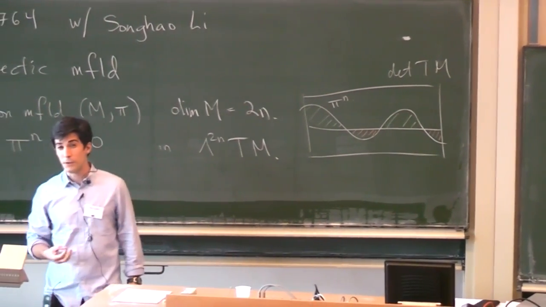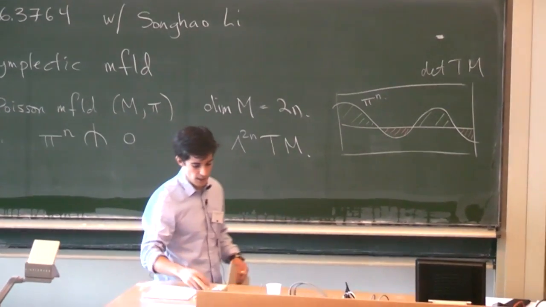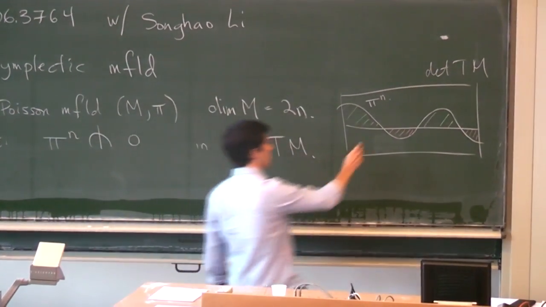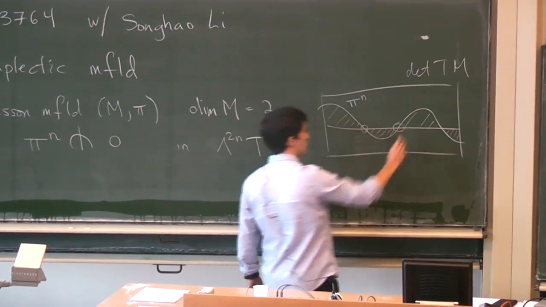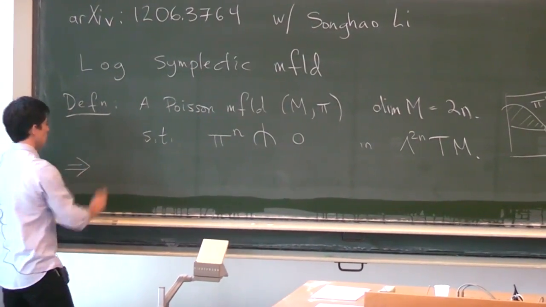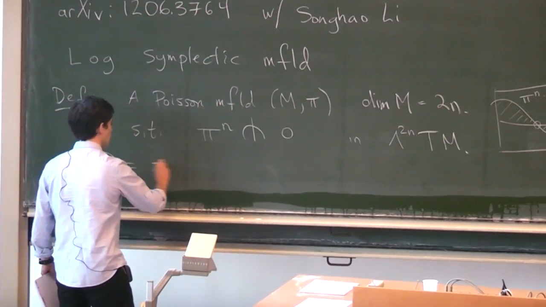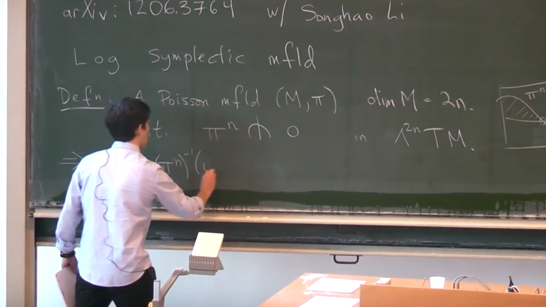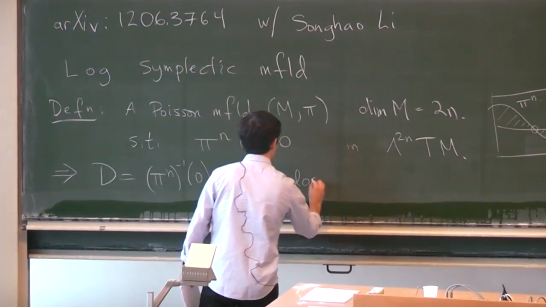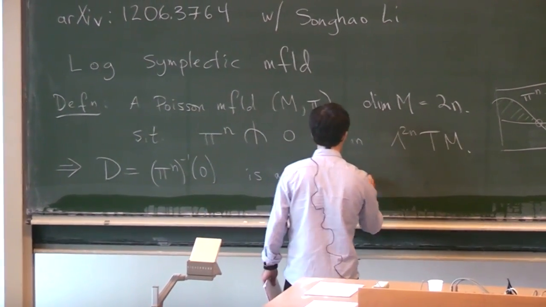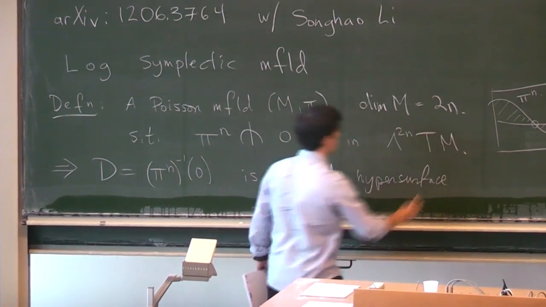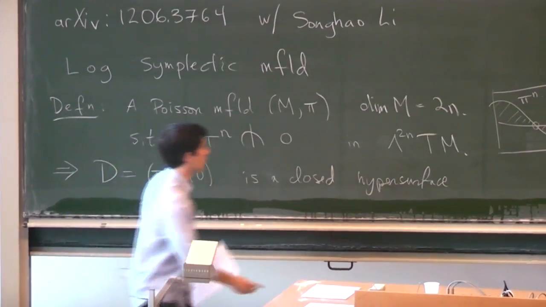Of course, the manifold need not be orientable, and in that case I don't have anything to say in terms of positive or negative. The important thing is that the way it crosses zero is in a transverse way, and so right away you see that the degeneration locus is a closed hypersurface. So it's an embedded hypersurface in the manifold. Okay.